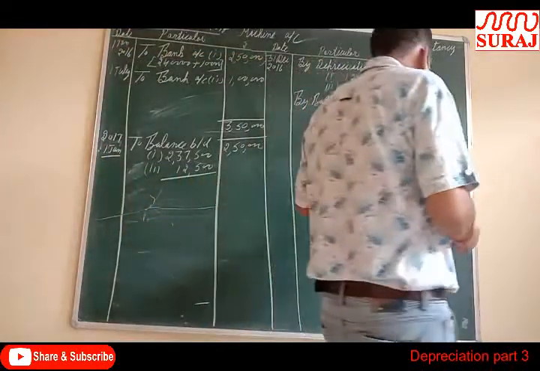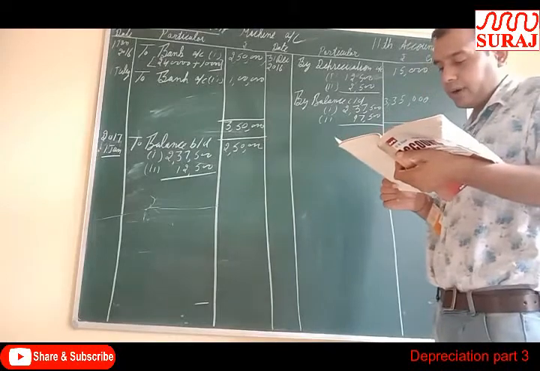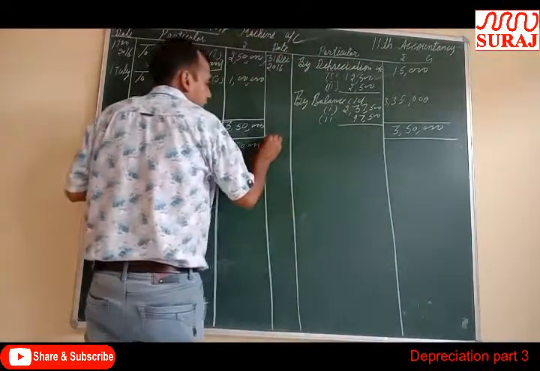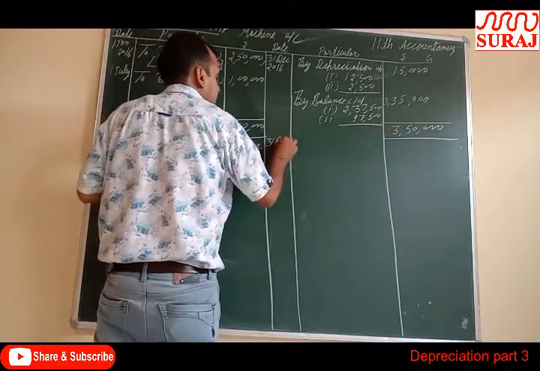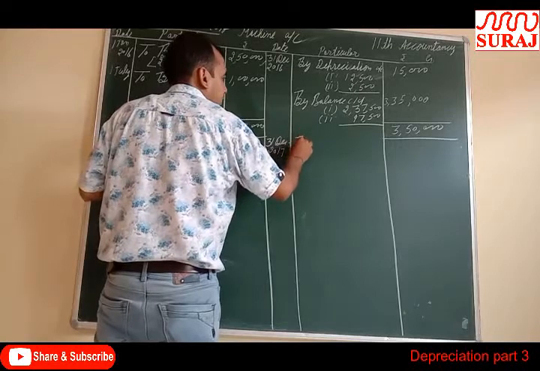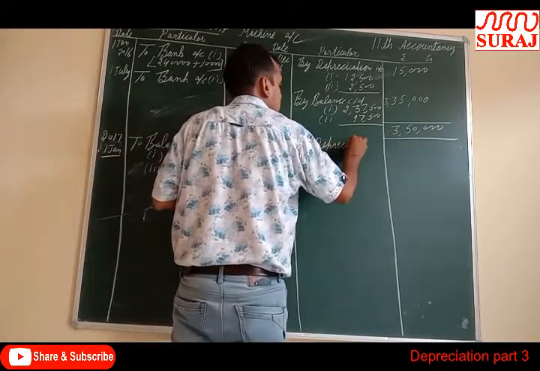If there is any other purchase or sale during this year, but after reading the question I find there is no purchase or sale during this period, then I will do the entry at the end of the year, 31st December 2017, and charge depreciation by depreciation account.